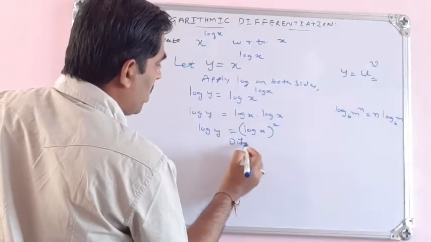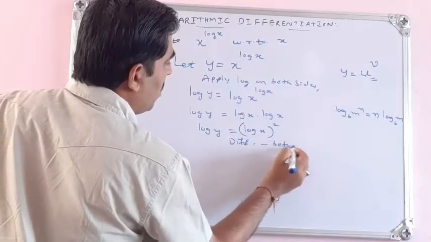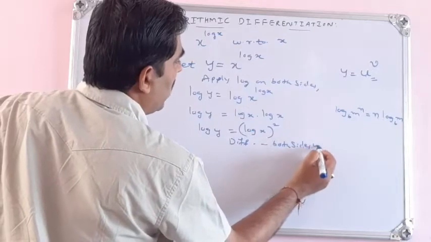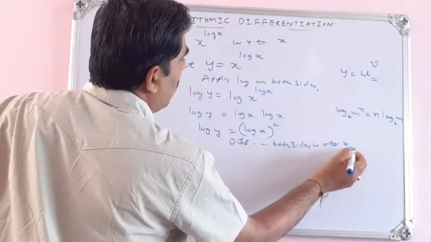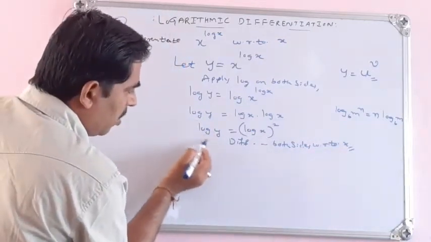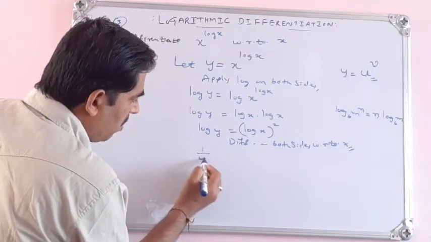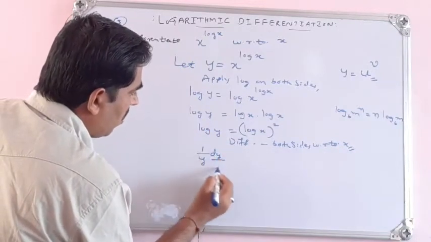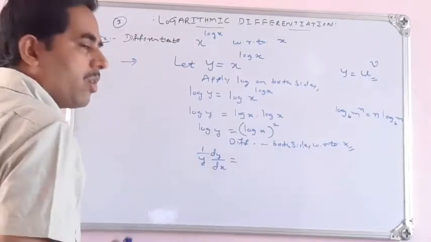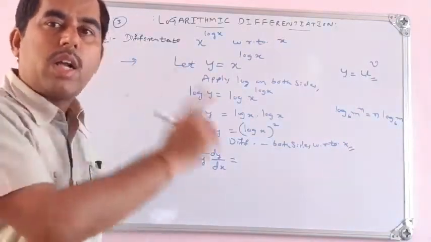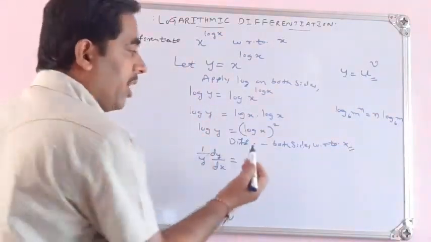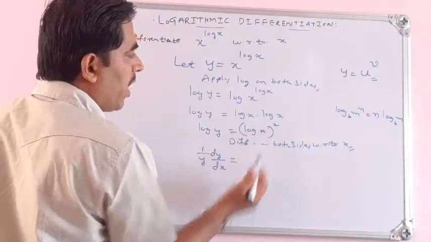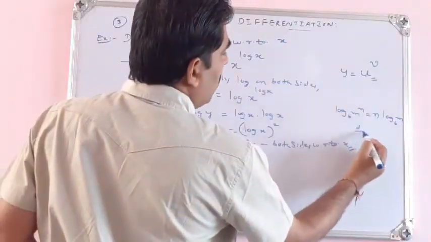Now I am going to differentiate both sides with respect to x. We know the derivative of log y is 1 by y into dy by dx. That completes our left hand side. For the derivative of the right hand side, log x whole square, we can use the power rule.